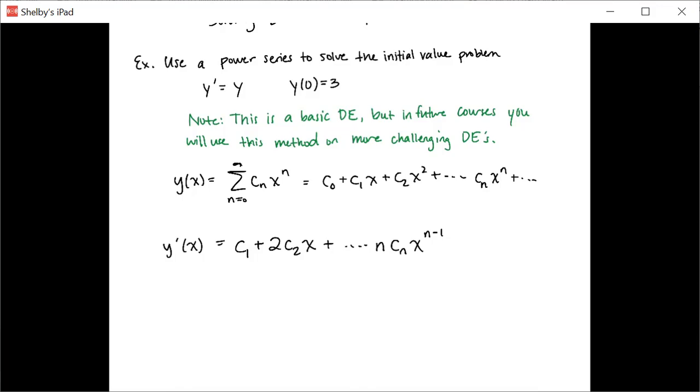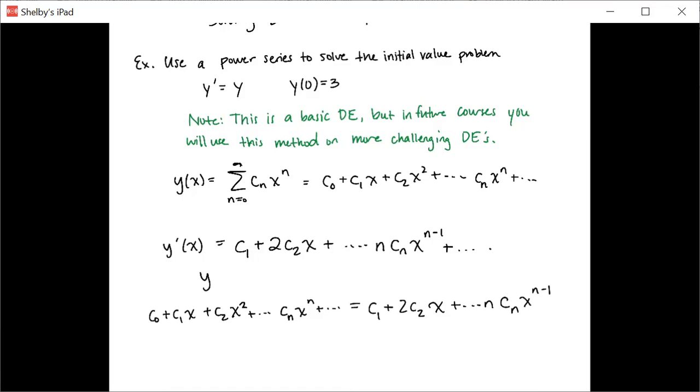So if our y is equal to our y prime, then c0 plus c1x plus c2x squared, plus and so on, cn x to the n, must equal c1 plus 2c2x plus, and so on, n times cn, x to the n minus 1. So we're setting our two sides equal to each other. This is y, this is equal to y prime. So just substituting that in.